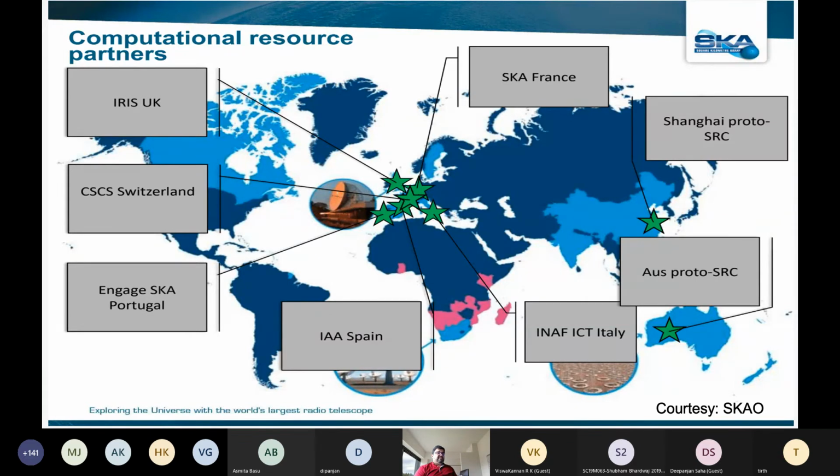So there's a lot of computing and resources required, not only to get the science data product done, but also to store the data and differentiate between good data and bad. So there are a lot of applications for parallel computing, GPU-based computing, and machine learning algorithms to classify data. So stay tuned.